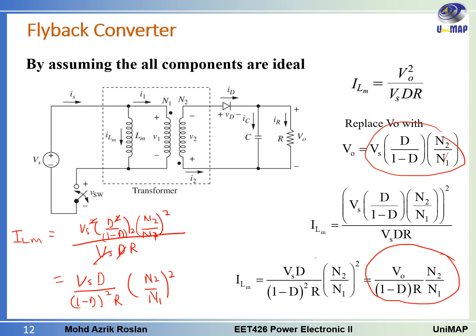You can use this equation if you only know the value of V out and you don't have the value of Vs. If you have both V out and Vs, you can use the earlier equation. If you only know Vs and you don't know V out, you can use this equation to find ILM. And you can use this equation if you don't know the value of Vs.